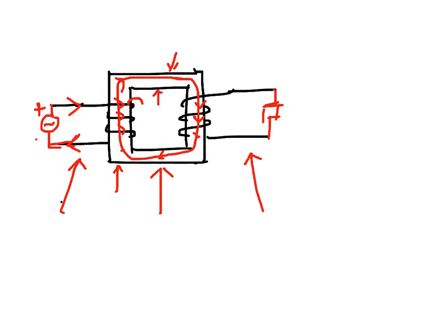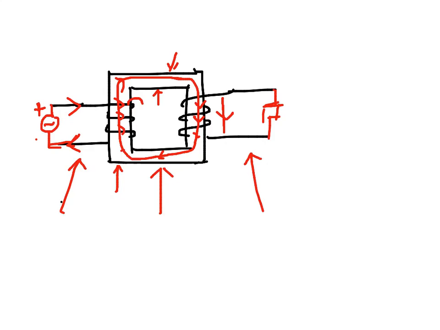So from Faraday's law of induction we know that it will induce a voltage here, and from Lenz's law we know that the voltage will be such that it opposes the cause, and the cause is an increasing flux downwards.